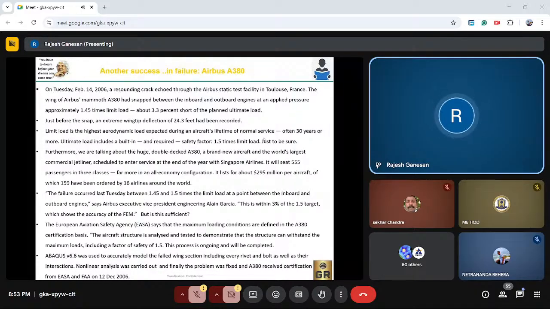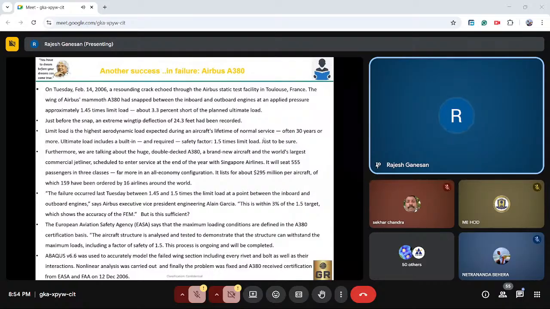Actually, they have a load limit, and up to that load limit it is an acceptable range. But beyond 1.4 times the limit load, an unpredicted load happened, which caused failure of the flight. Whenever they did the load test, they had not faced this kind of extreme load condition failure.